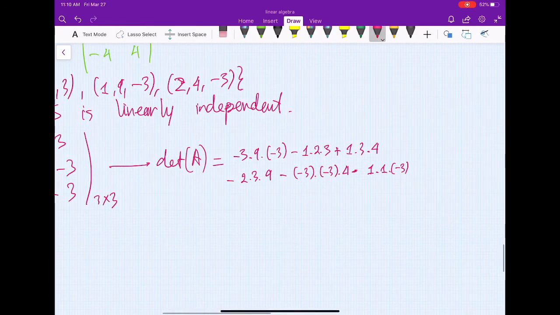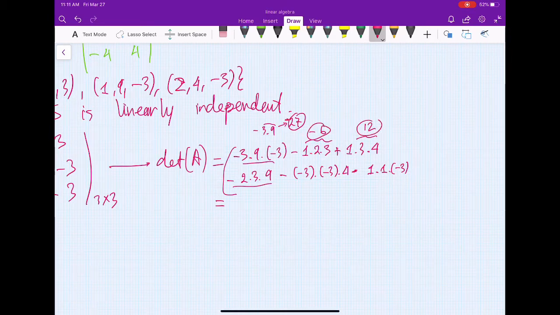Let's simplify this and see if this guy is 0 or not 0. So I have 6 in here, -6. This guy, with this guy, I will get -3 times 9, which is 27. If I combine these terms together, I have 6, and here I have 12. -20, 27, -6 and 12.